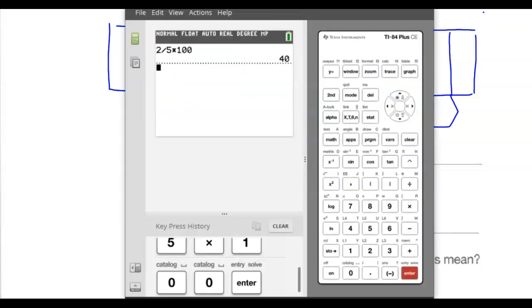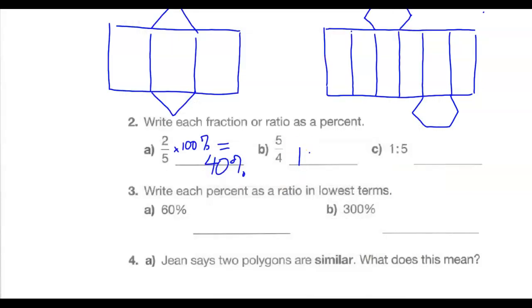So in your calculator, 5 divided by 4 times 100, 125%. And then here, it's in a colon form, so you'd go 1 divided by 5 times 100%. And so that's going to be 20%.